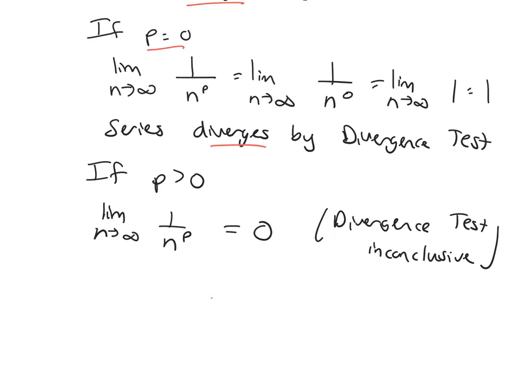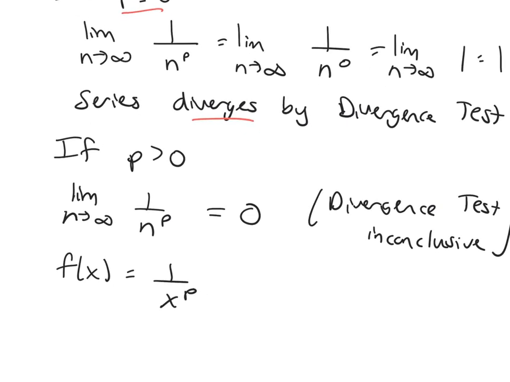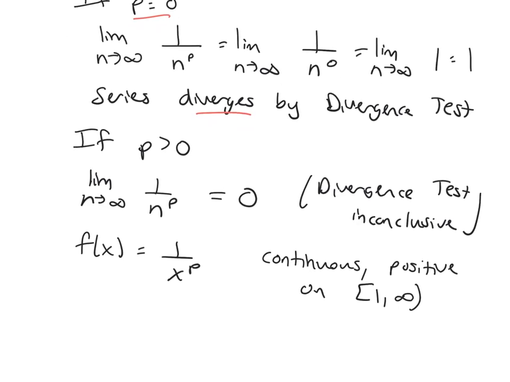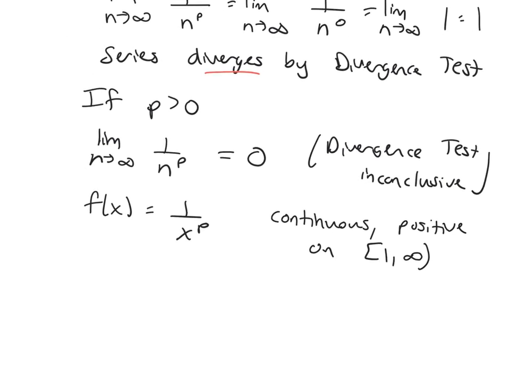So we're going to turn this into a function, 1 over x to the p. This is definitely continuous and positive on my interval 1 to infinity. I need to show that it's also decreasing.